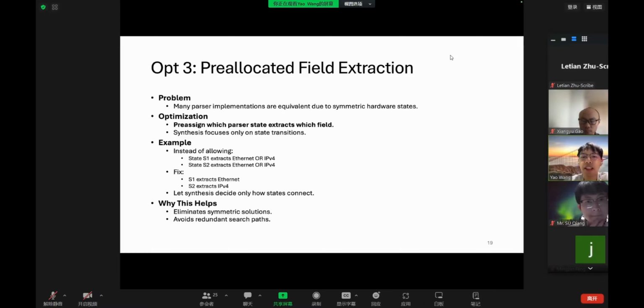This removes entire classes of symmetric solutions from the search space. Importantly, this optimization applies only when the target architecture supports such symmetry, for example, the single TCAM table design. The effect is that synthesis focuses on the hard part, the transition logic, not arbitrary extraction placement.